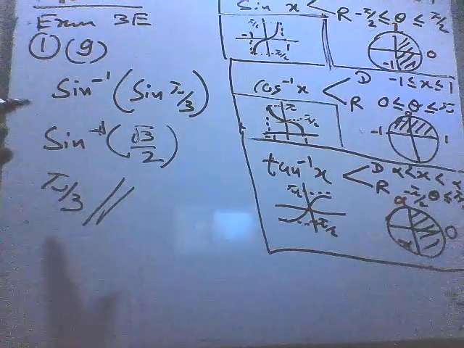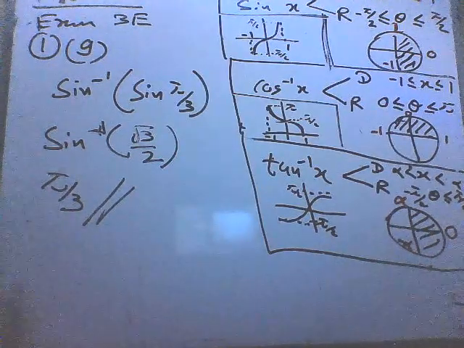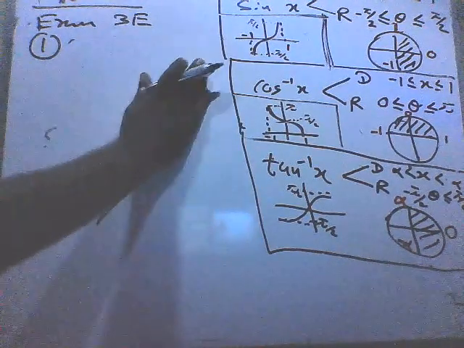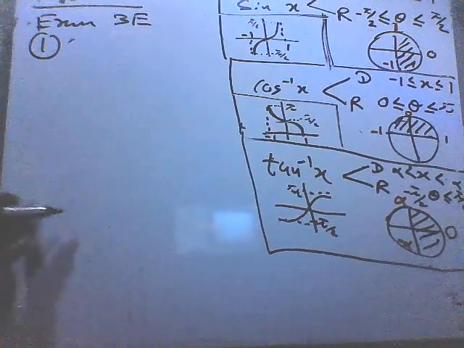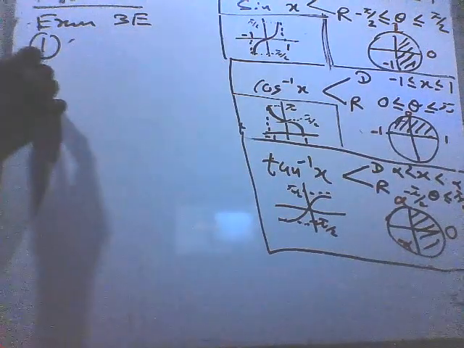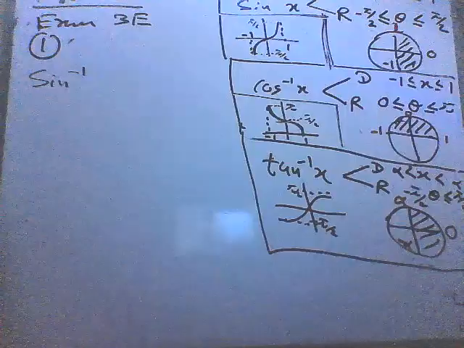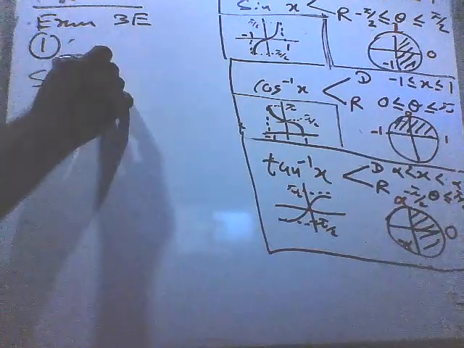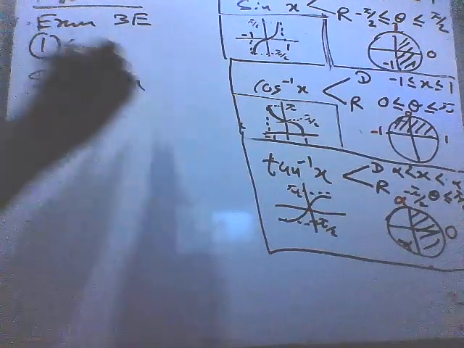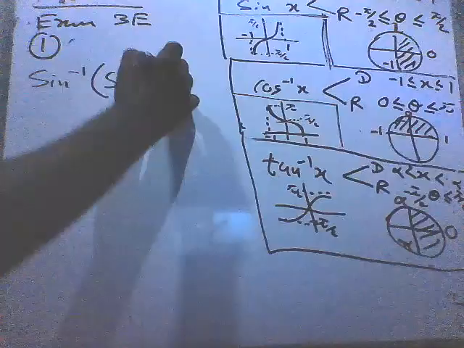Now if you take part H, it is a little tough, a tricky one. Here it says sine inverse of sine 2 pi over 3.